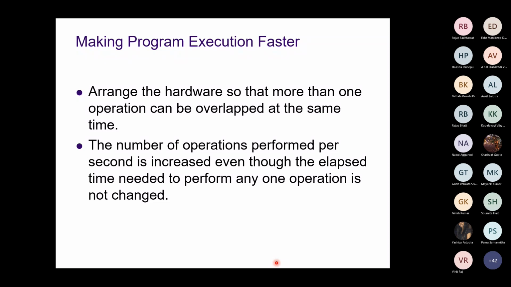All of them might be busy at the same time. So it increases the throughput, or indirectly it improves the average number of clock cycles per instruction, CPI. It improves CPI significantly because you can finish a number of instructions in a much lesser time.